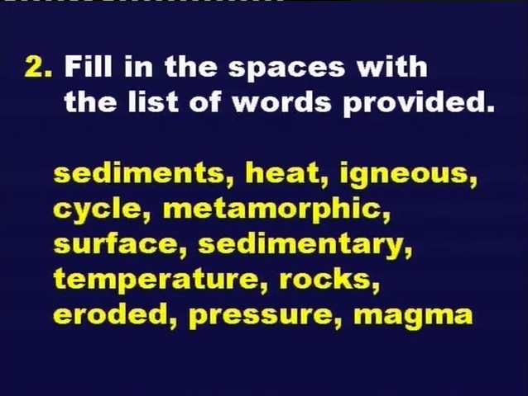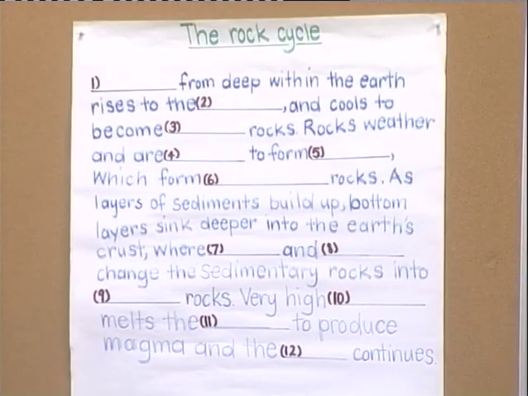Now, this is what you are going to do. You don't have to write the whole paragraph down and fill in those empty spaces with those words. What you do, you write the rock cycle, write numbers 1 to 12, and choose the correct word that can go into each of those spaces. And you can start that now.